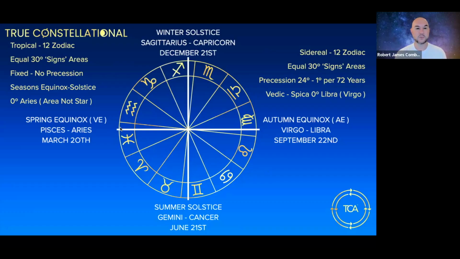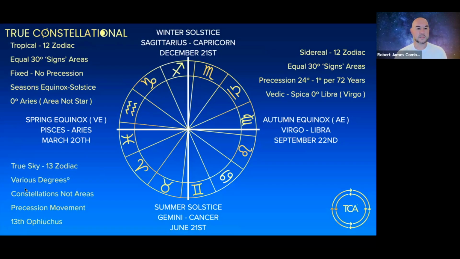And that's why we say that we are in the age of Pisces, because at the spring equinox, we look at the star constellation, and whatever star constellation is on the horizon on March the 20th is the constellation that we are in the age of. So you can see that this sidereal shifted with this precession, but even that system of equal degrees and the star it uses doesn't particularly add up.